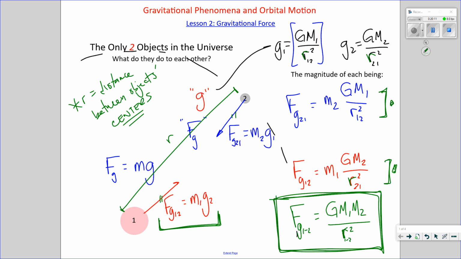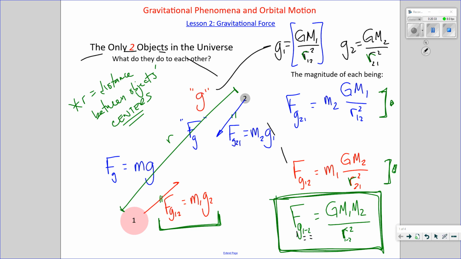Okay. Another nice thing about gravitational force is, when we use this sort of on-by notation, that really defines for us the fact that for there to be a force, there have to be two objects that are interacting. That is what interaction is. That's what forces are. Forces are interactions between objects. Interactions are objects exerting forces on each other.